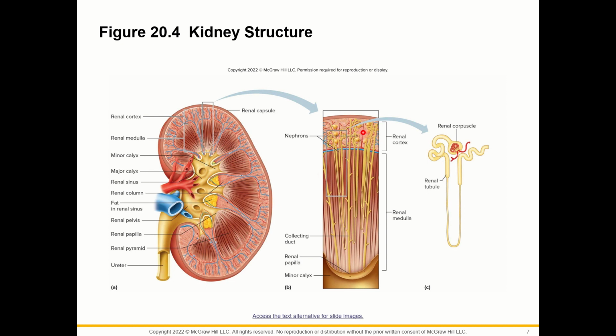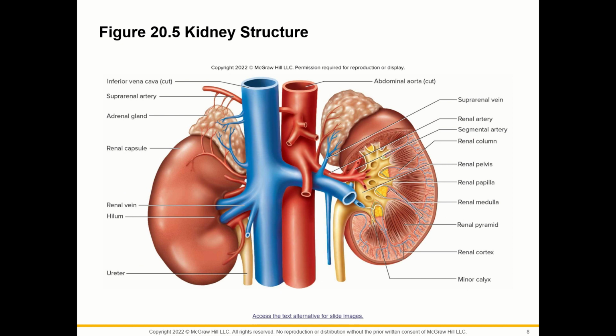Here in the renal cortex, we have the start of our nephrons. And then in the renal medulla, we have a lot of our tubules. And so we're going to learn that there's renal tubules and all kinds of cool stuff in the nephrons.